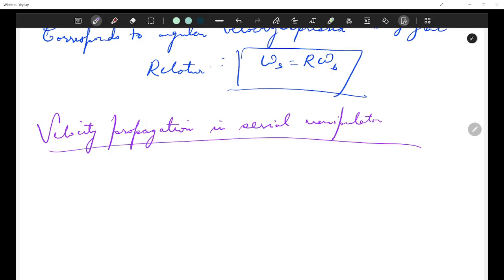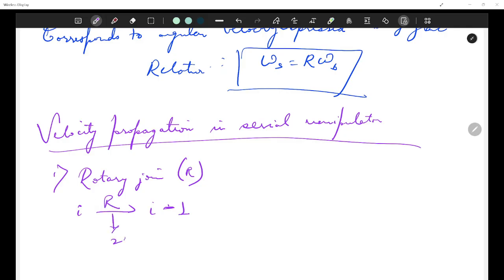Okay, now we will apply all of these ideas to robots. So let's talk about rotary joint. Okay, let's say link i is connected to link i minus 1, okay, by a revolute joint about z axis.